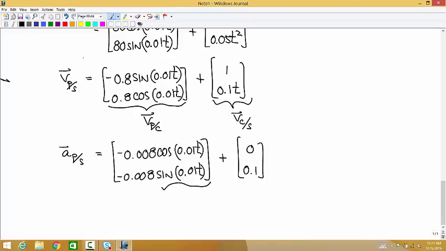So this is the acceleration of the passenger with respect to the camera. This is the acceleration of the camera relative to the shore.